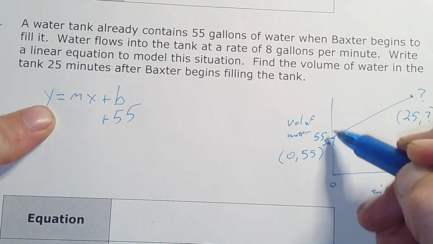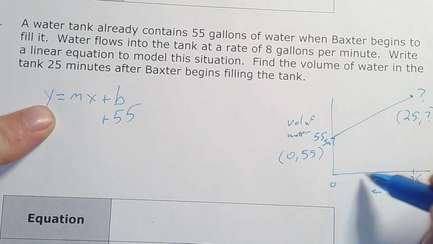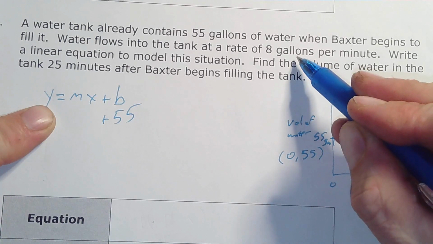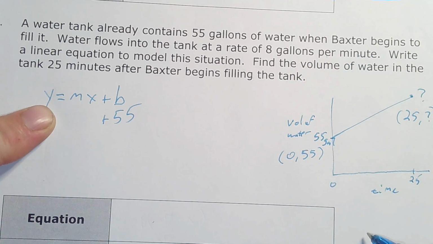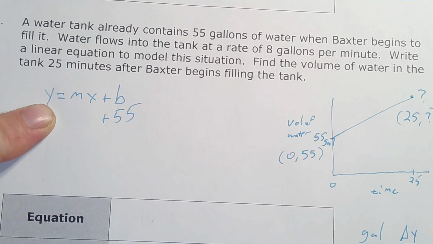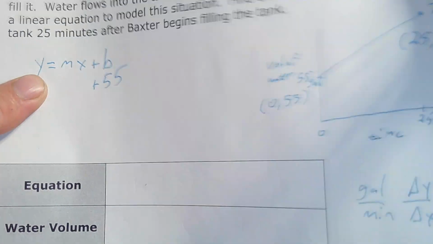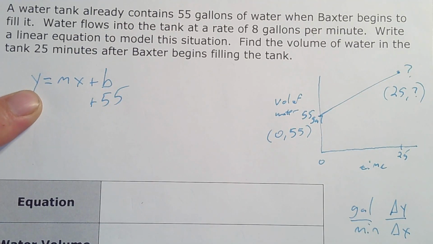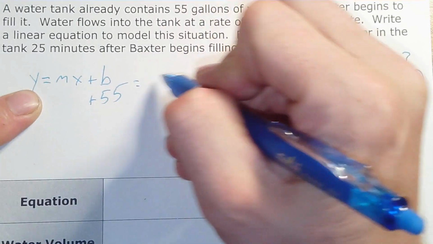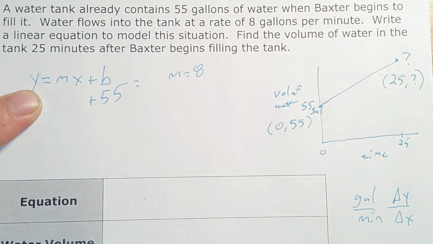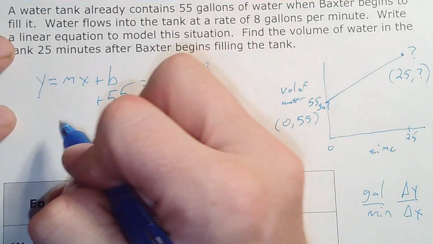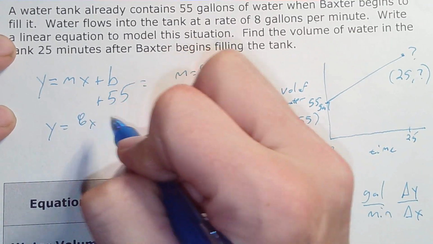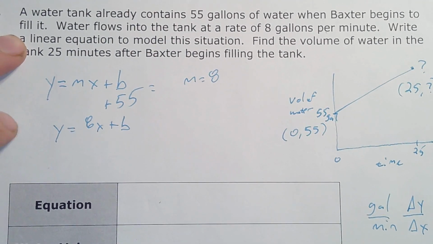This is a change in y over a change in x: gallons per minute. Does it give me the slope? It does. So my slope equals 8. So I can say that y equals 8x plus b.